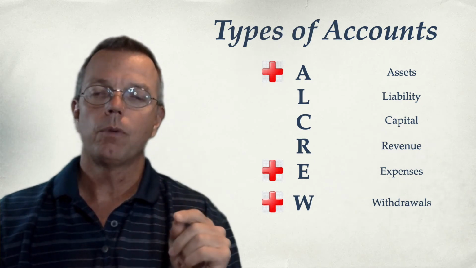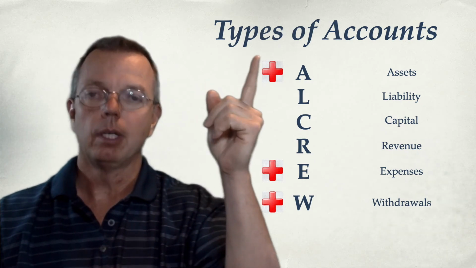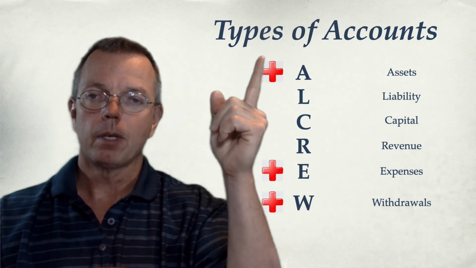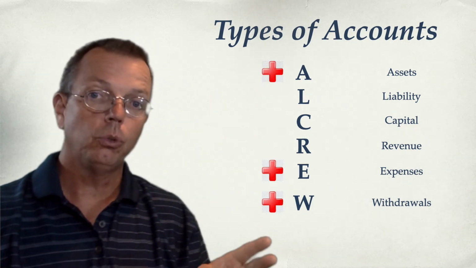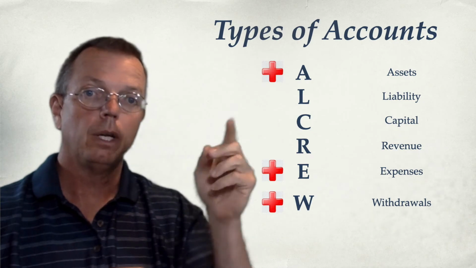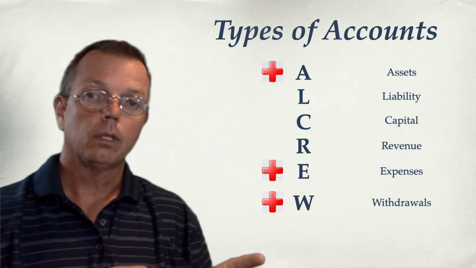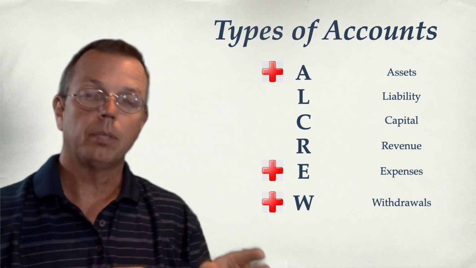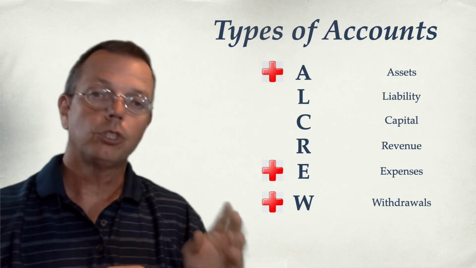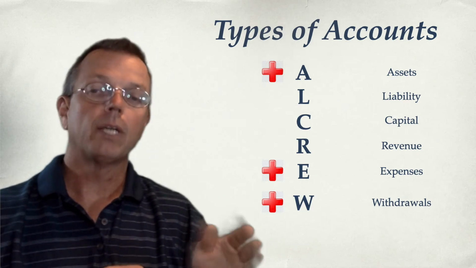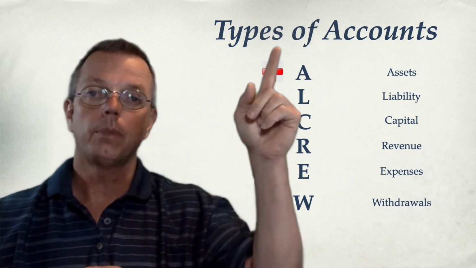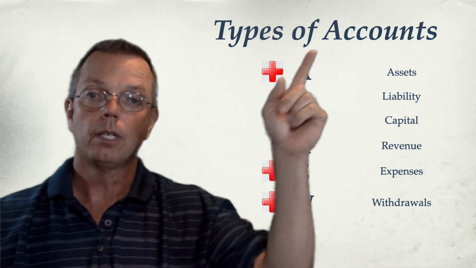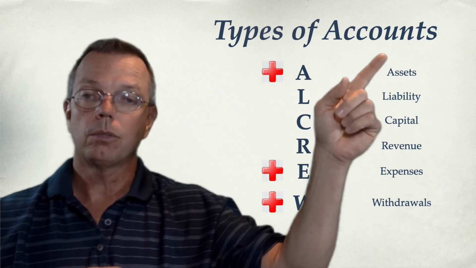If you start off with number one, assets, the plus gets the plus side on the left-hand side. The last two, expenses and withdrawals, also get plus on the left side. If you start that way, then the rest is easy, right? Because everything else is the opposite. The opposite of the plus for assets is a minus or a decrease.